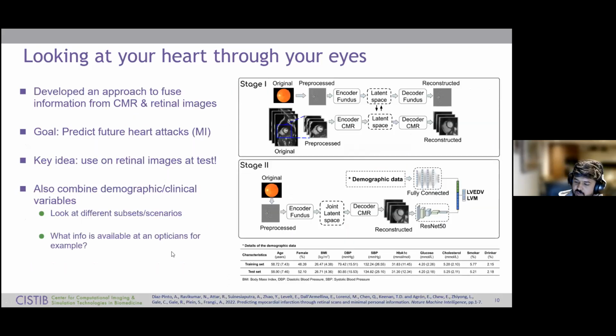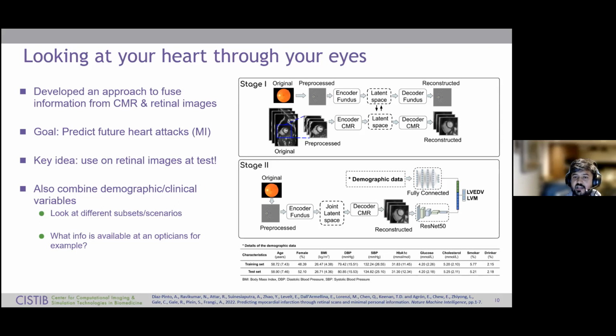Well, again, we looked into the most recent advances in machine learning, and we found that there is a way to build a system to learn combined latent or hidden representations from multiple channels of data.